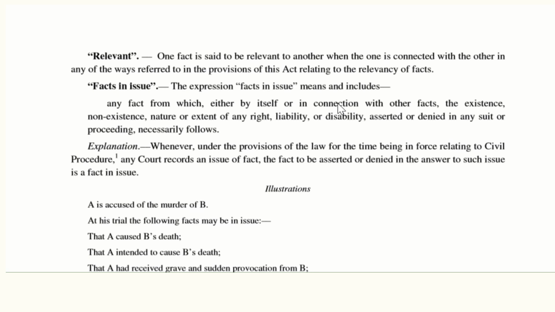And there is some disability which is being caused. For example, there is a witness in a case who is being prevented from appearing as a witness in the case. So in all these cases, when something is asserted, when something is denied, to what extent or to what nature that is being done.